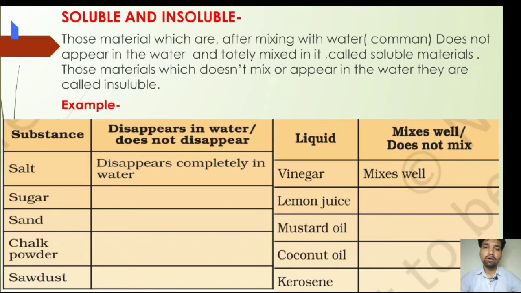So I hope you understand for what reason mustard oil, coconut oil and kerosene are not soluble with the water. Friends, if you are not able to understand these charts, then please don't be hopeless. I will teach these subjects again in a different manner in further coming lectures in upper classes also.